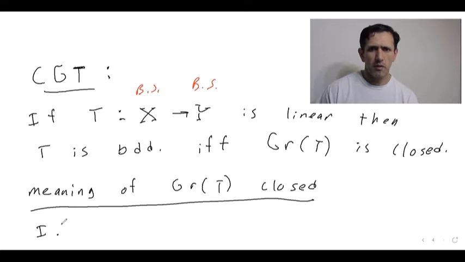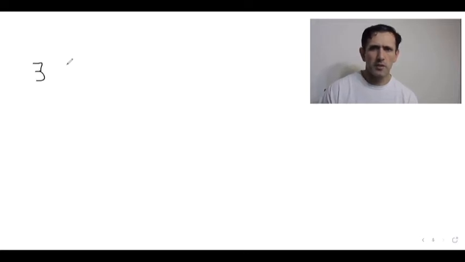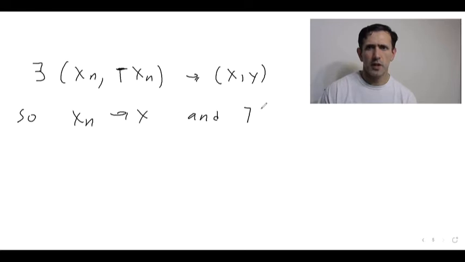Well, if (x, y) is in the closure of the graph, then there exist x_n such that (x_n, T x_n), which are in the graph of T, converge to (x, y). So x_n converges to x, and T x_n converges to y.